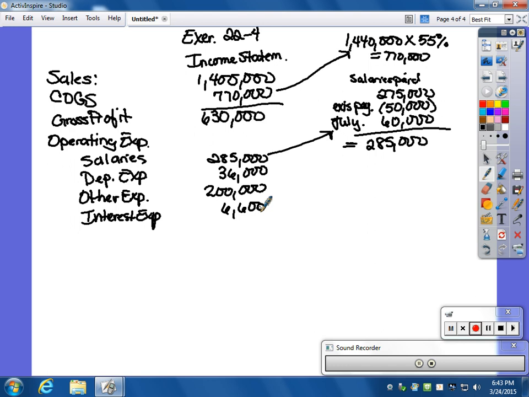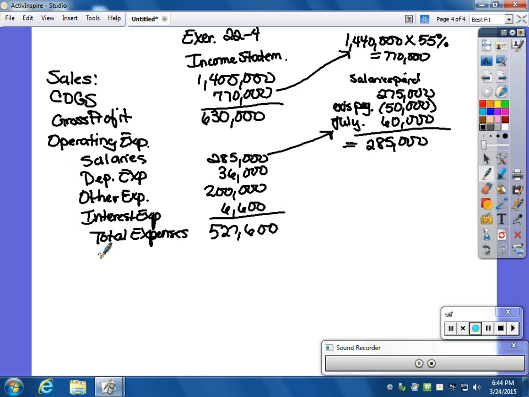So right now, because we haven't done the tax yet, total expenses are how much? When you add all these, $527,600. That's what I got. Okay.